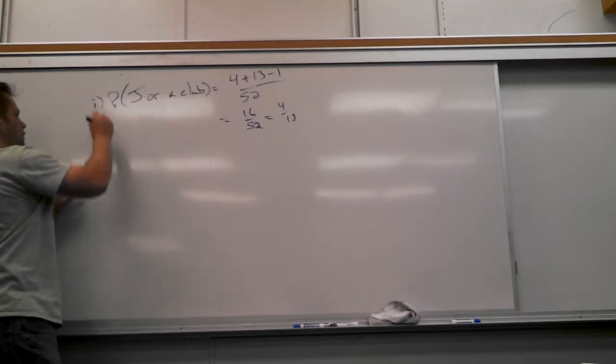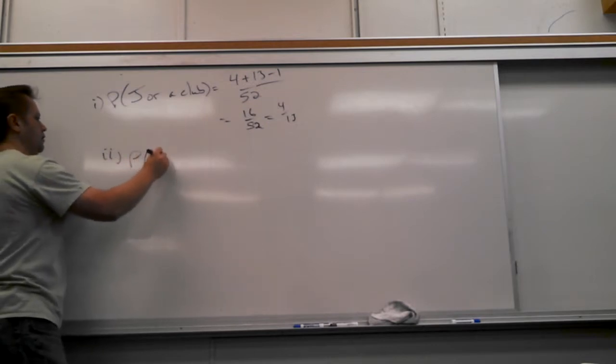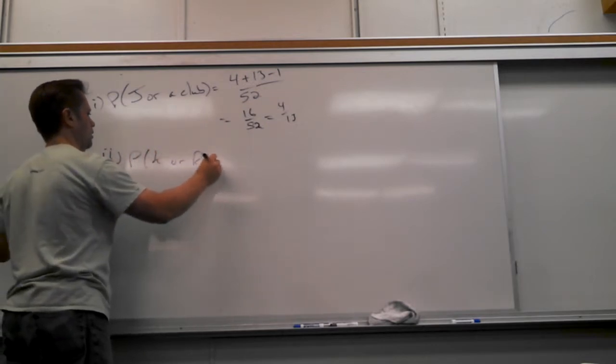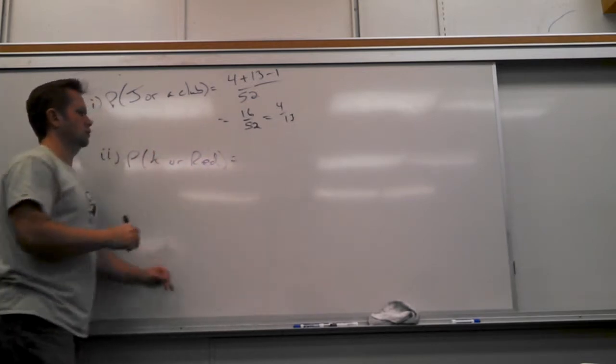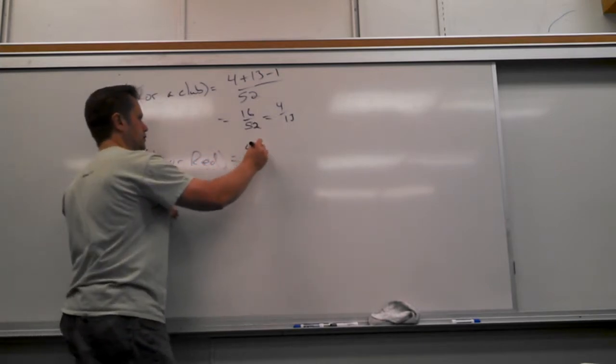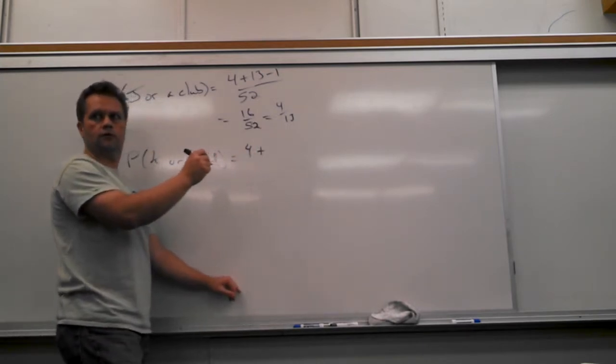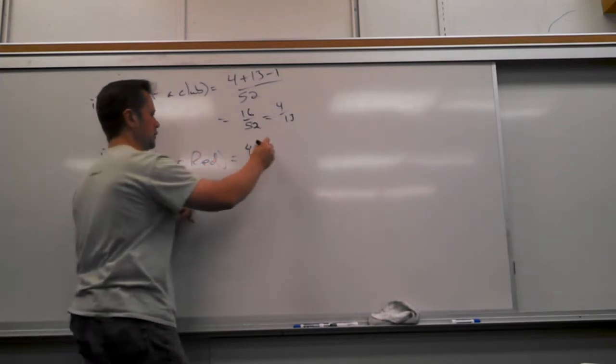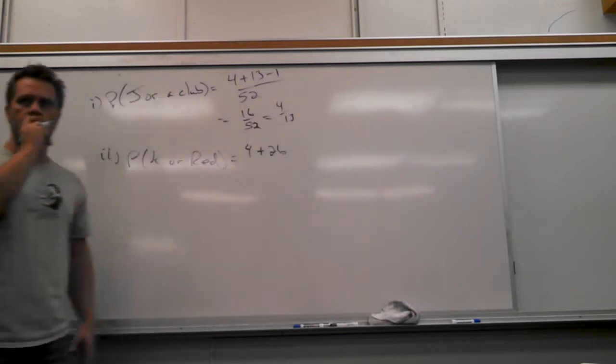So what if I asked, what's the probability I get a king or a red card? How many kings are there? 4 kings. How many red cards are there? Half the deck is red, right? 26. But what have we done? Added 2 red kings.